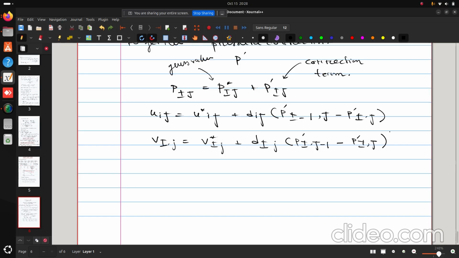Now that we have corrected the velocities and pressure, we will compare these values with their previous iteration values.